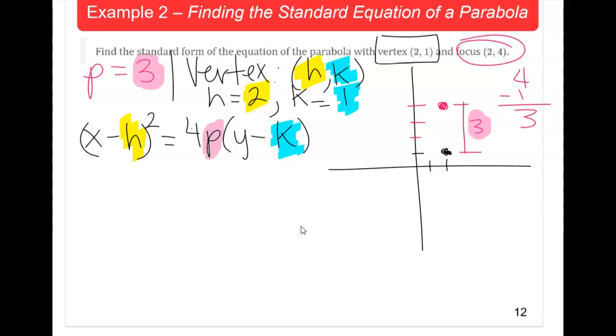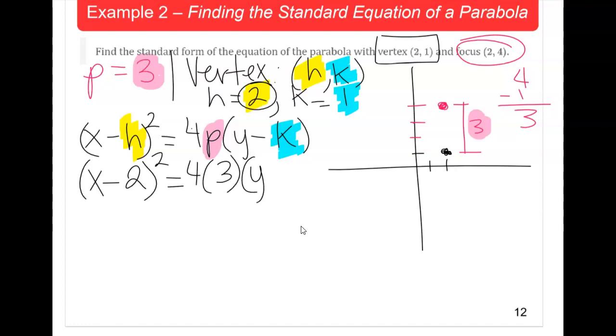And that is how we're going to find the equation. It's that easy. So x minus h, which is 2, equals 4 times p, which is 3, times y minus k, and k is equal to 1. Then we're going to multiply here 4 times 3.